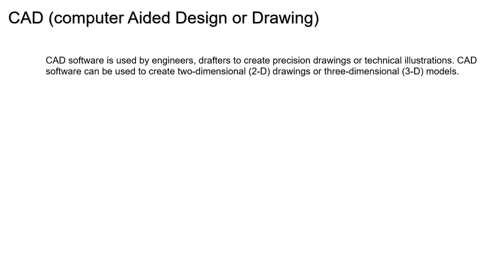So 2D, 3D, and the third one is simulation. Nowadays many people use simulations in CAD software only. Every recent CAD software has simulation software inbuilt, so we can simulate a model using the same software. You have no need for another software to simulate it.